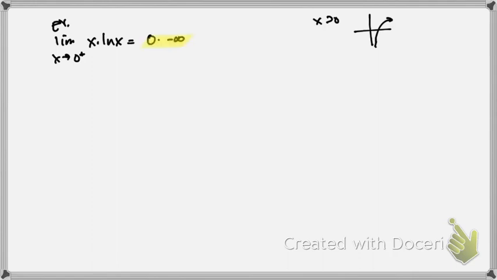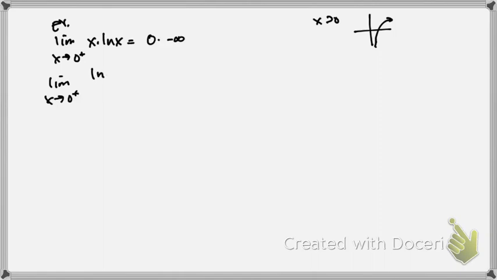Okay, so we have 0 times negative infinity. And 0 times negative infinity is not one of our forms. We have to have 0 over 0 or infinity over infinity. So what we're going to do is rewrite this expression.